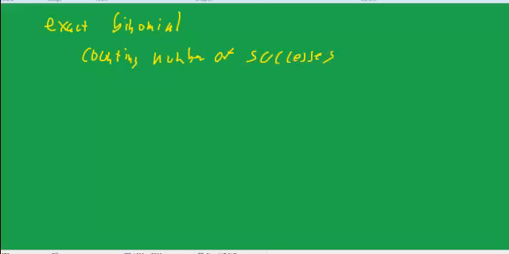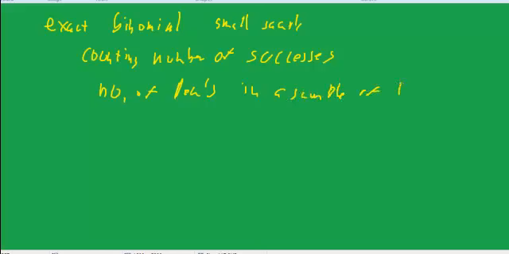You have to use this in a small sample. So let's say we're going to count the number of Democrats in a sample of 11 voters. And the probability of being a Democrat in Montgomery County is 0.6.